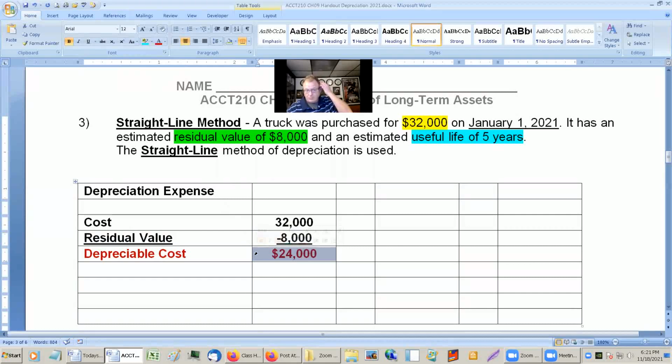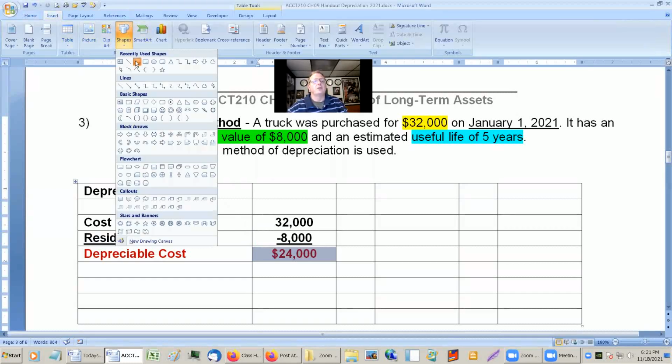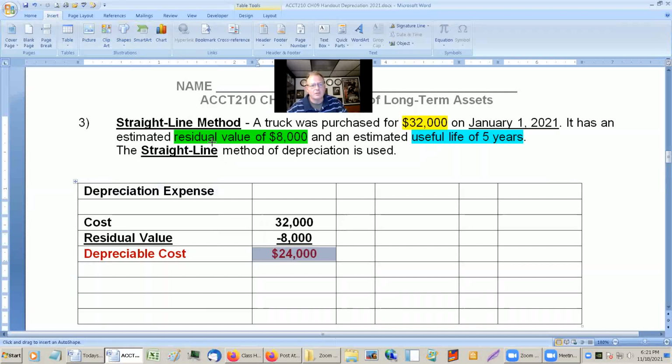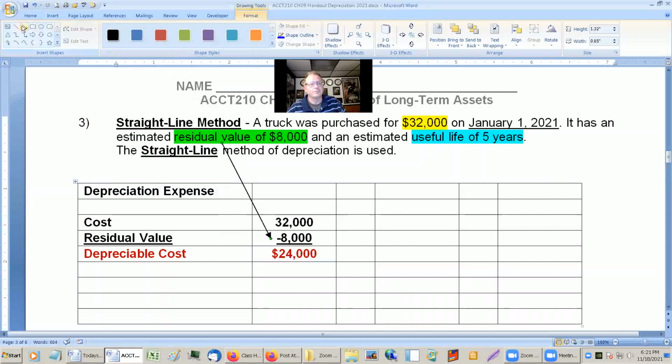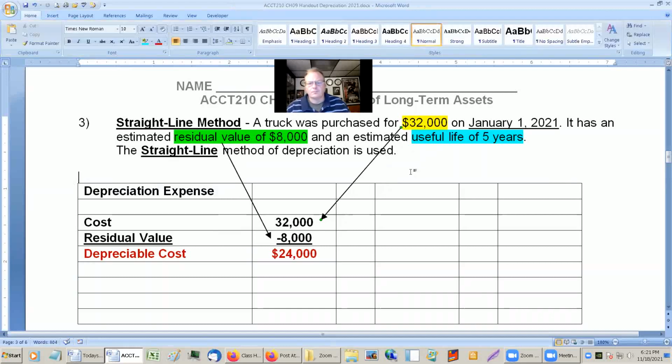So this is the residual value. Okay. So this is what's really going to go down. It's going to go down from 32,000 down to 8,000. It's going to decrease in value by 24,000.